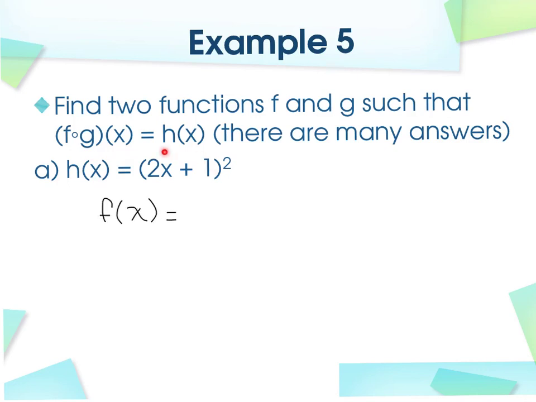So I want you to think about this as the parent without the transformation. So that's going to be f of x is equal to x squared. G of x has to be everything else. So what did you plug into x in order to end up with h squared? Well, that's going to be what's inside the parentheses. So your answer is going to be 2x plus 1.